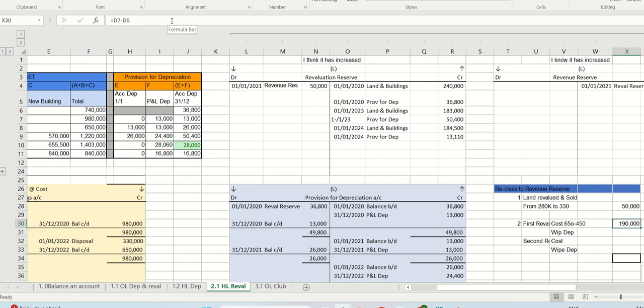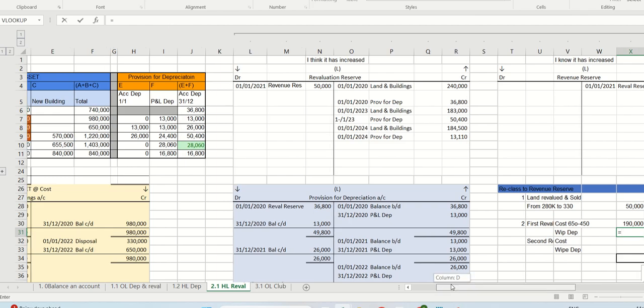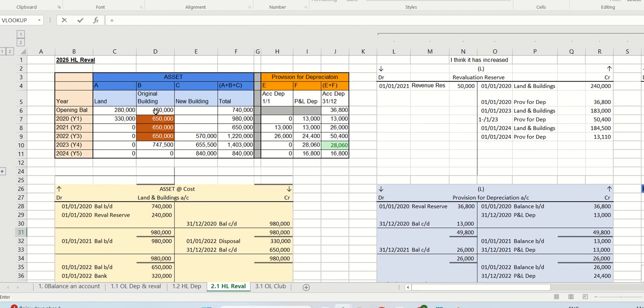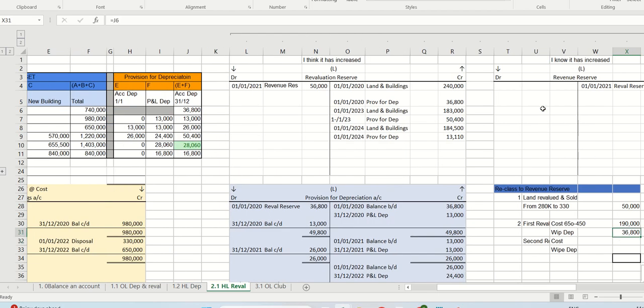That's all we're doing to get that 190,000. And we had to wipe all of the depreciation. We only had one building being depreciated, and do you remember the depreciation went from 36 to 0? So we wiped all that depreciation. So we're putting in the increase in the value of the asset and the depreciation. That's the first 2 parts.